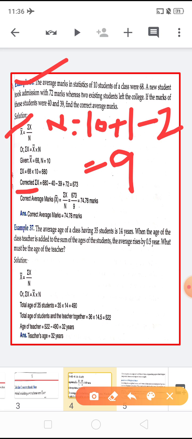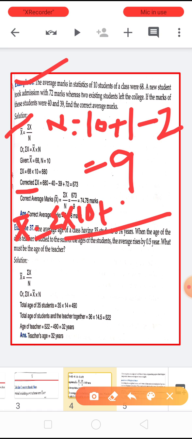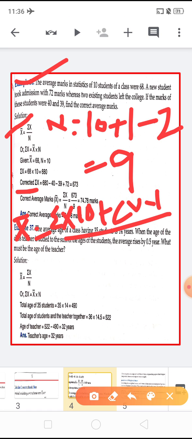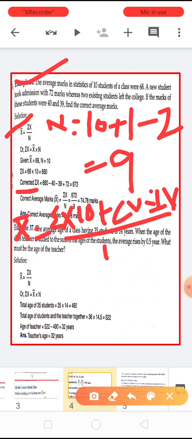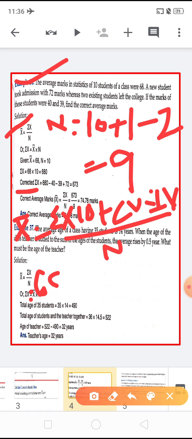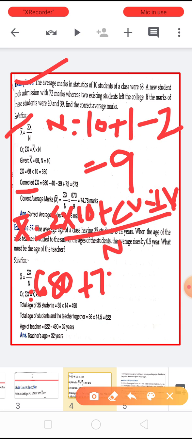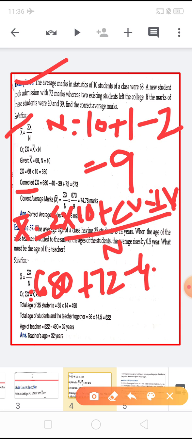Now we need to find out the correct arithmetic mean. So how is this correct arithmetic mean calculated? We will apply the same formula, that is x bar is equal to the fraction sigma x, which is wrong, plus correct value minus incorrect value, and divided by n. So here sigma x, children, is 680 plus the correct one, 72, minus the incorrect one, or the students who have left the school, 40 plus 39, and divided by the number of items, that is 9.